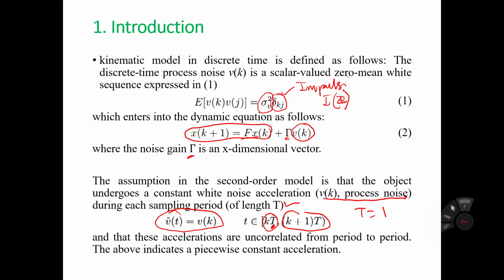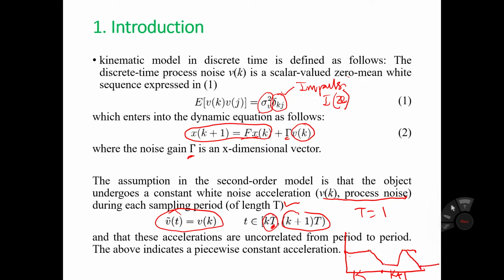So it's like a piecewise constant oscillation model. For example, here is a k, and here is a k plus 1. Then the piecewise constant model, like this one.